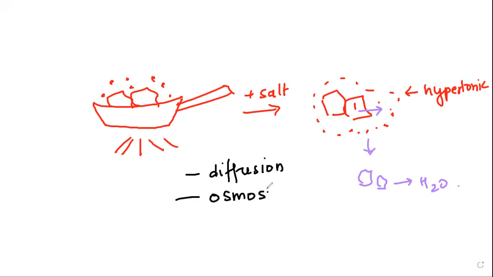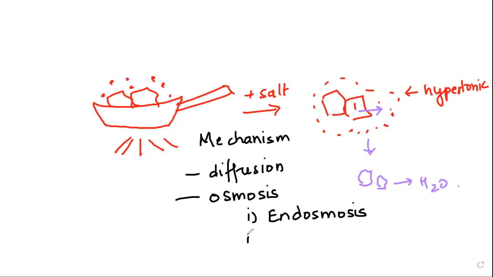These are the mechanism names, right? In osmosis also you have two categories: one would be endosmosis and one would be exosmosis, right? But if you write osmosis itself, it should be sufficient. It's fine.